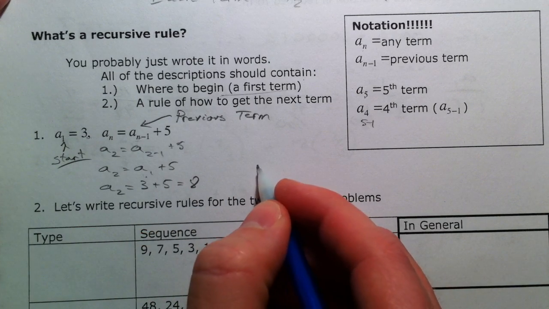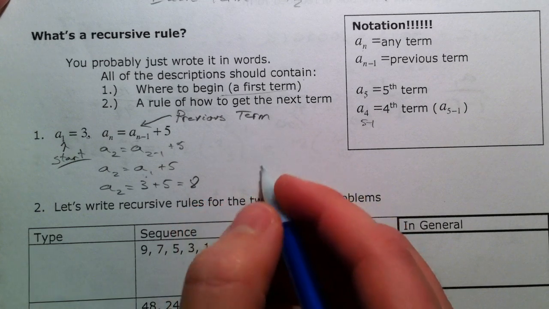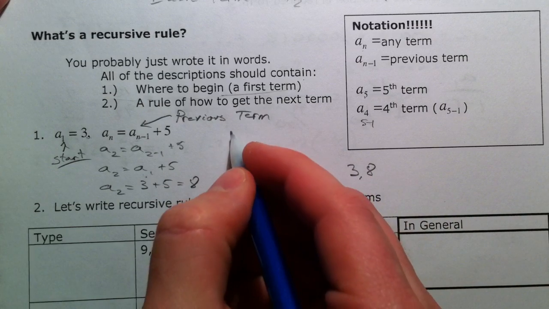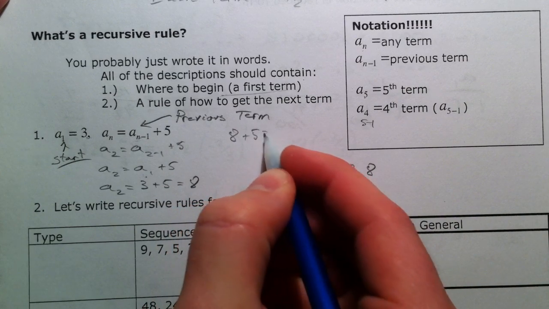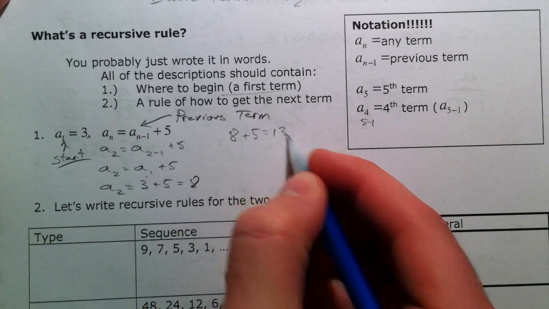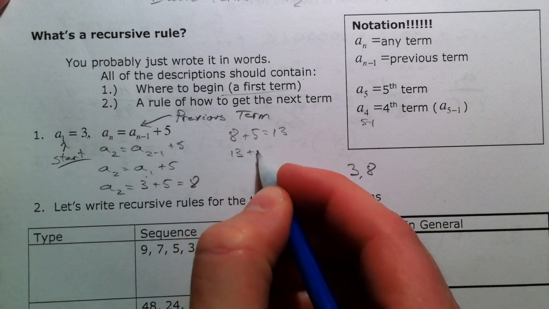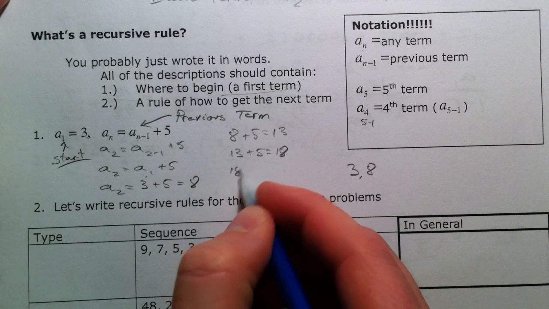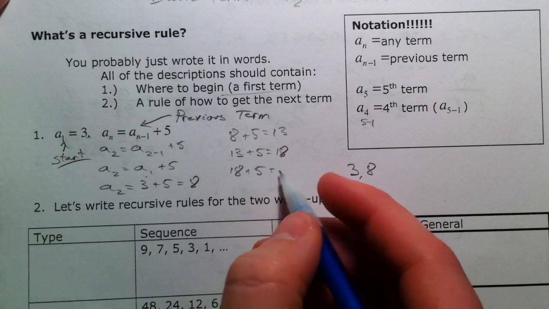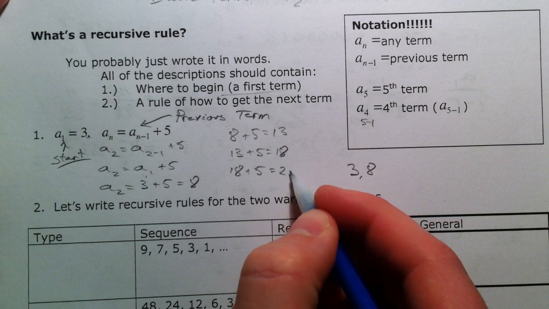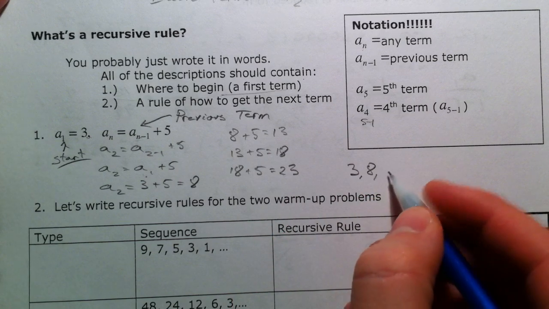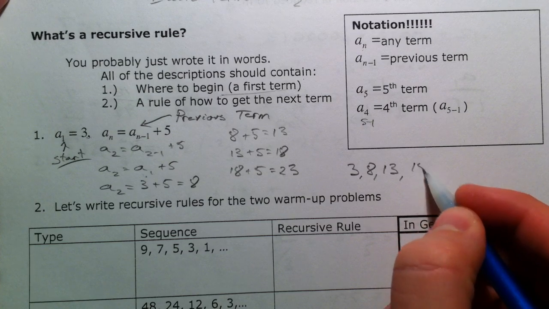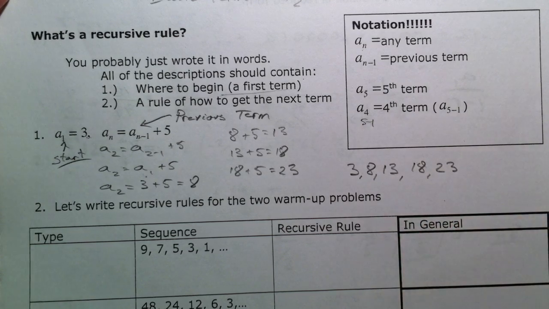So our sequence is 3, 8, 8 plus 5, 13, 13 plus 5, 18, 18 plus 5, 23. So 3, 8, 13, 18, 23.